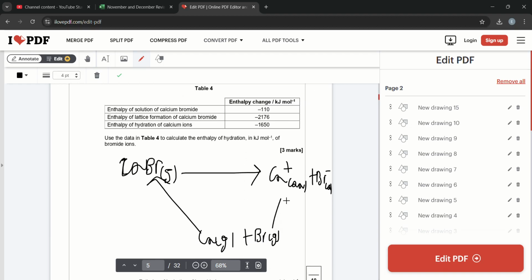Arrows pointing upwards, and we know the enthalpy of solution of calcium bromide, and the enthalpy of lattice formation of calcium bromide.